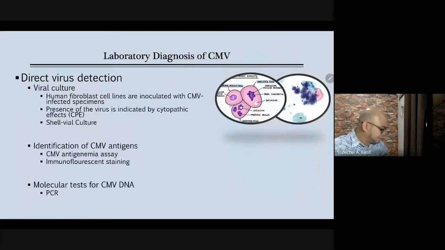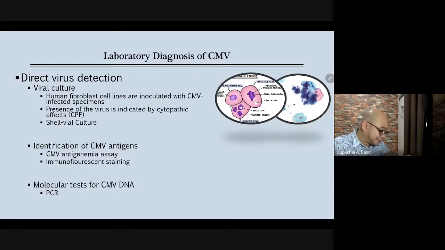Okay, so how do we detect cytomegalovirus? We can do viral culture, but we cannot do it on a routine basis. For the viral culture, we can use human fibroblast cell lines, inoculate them with the CMV-infected specimen, and look for the presence of CPE, or cytopathic effects.